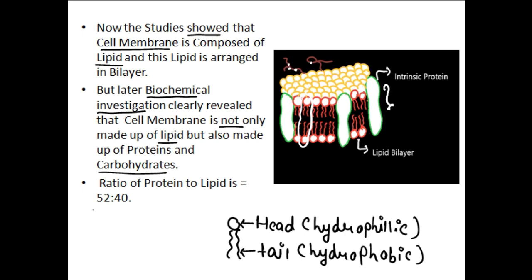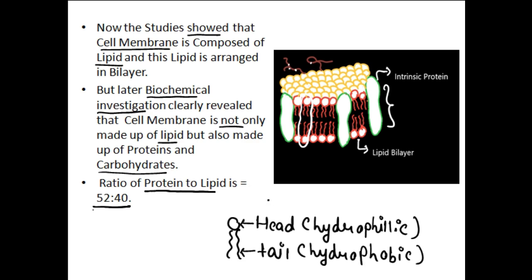Now further, the ratio of protein to lipid is 52 to 40. That means protein is 52% and lipid is 40% in the RBC of human. But it varies from organism to organism or animal to animal. It may vary.